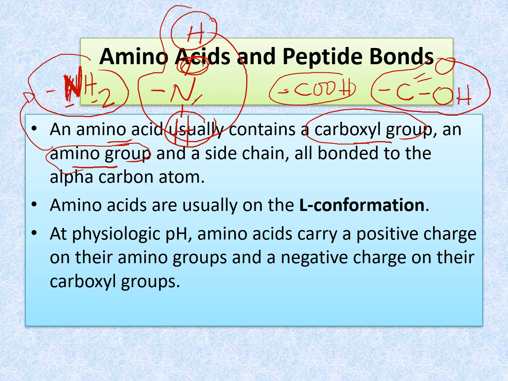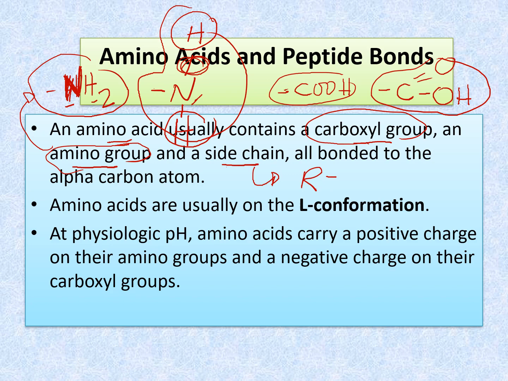Your amino acid also has a side chain, which you can just denote as R in its molecular structure. A side chain can be any functional group. It could be an aliphatic group, an alkene, alkane, alkyne. It depends on the type of amino acid that is being introduced.